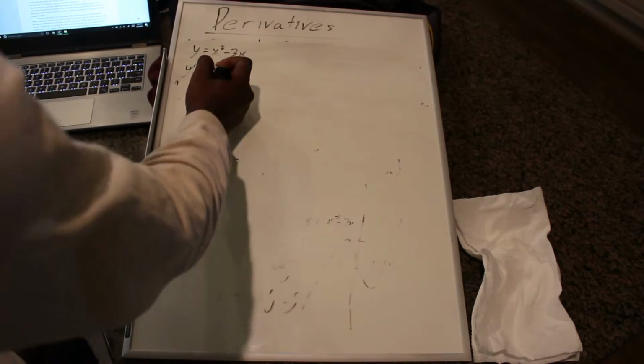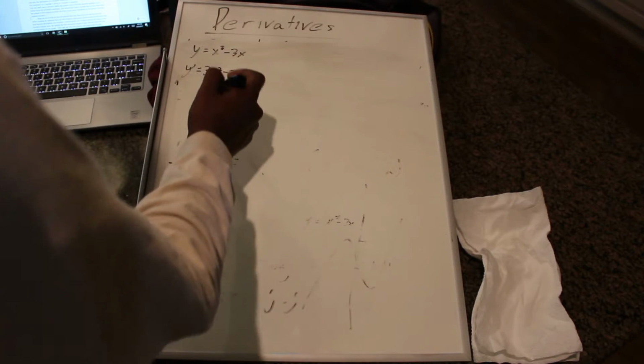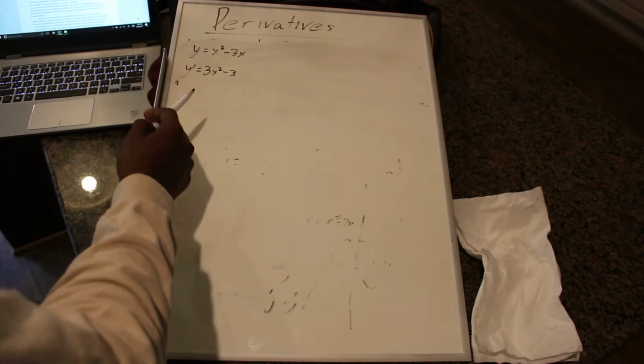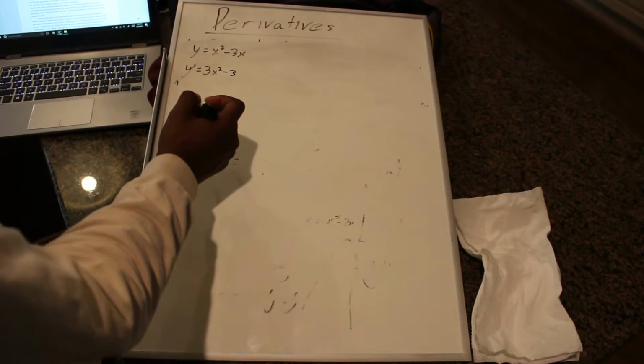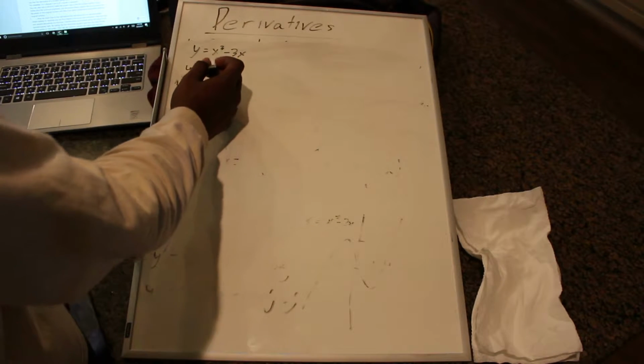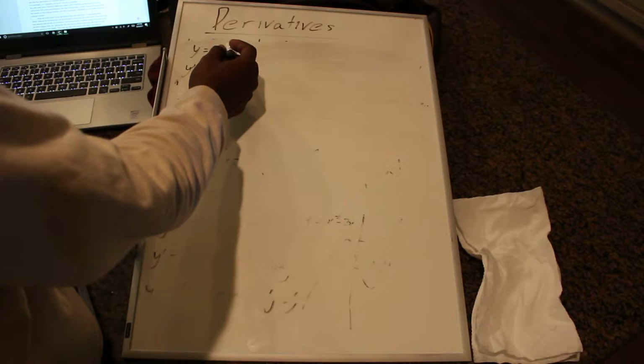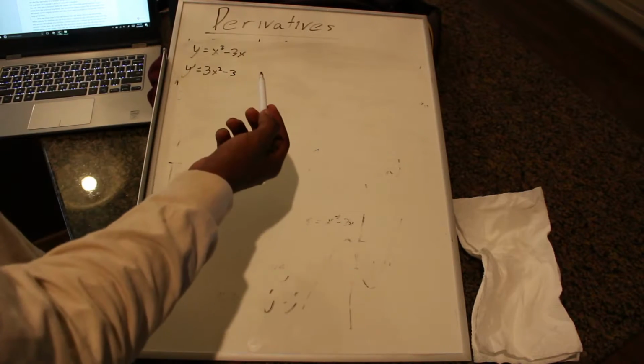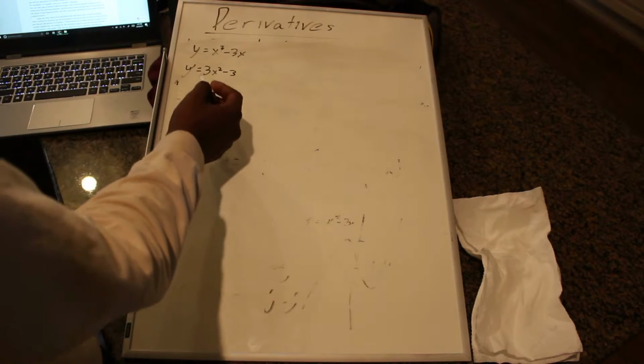So as you can see with the derivative of y, this power has been moved basically down here. So you multiply the coefficient in front of x, which is 1, by the power, and then we only subtracted 1 from the power.